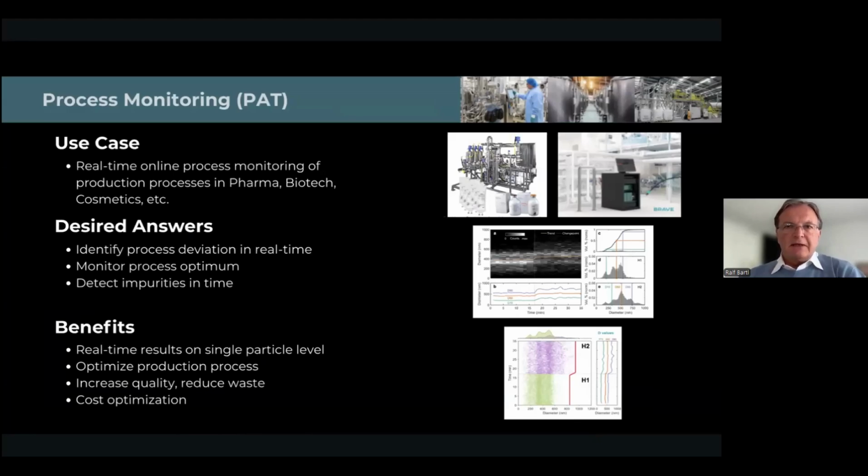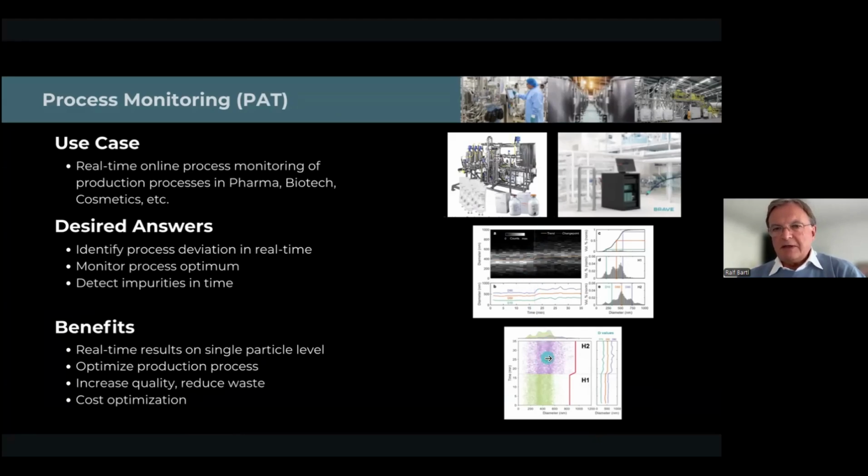So one of the key applications here is obviously PAT for particle analysis, and here we see on a very deep level. We really see individual particles that are in your process stream and allow monitoring of changes.